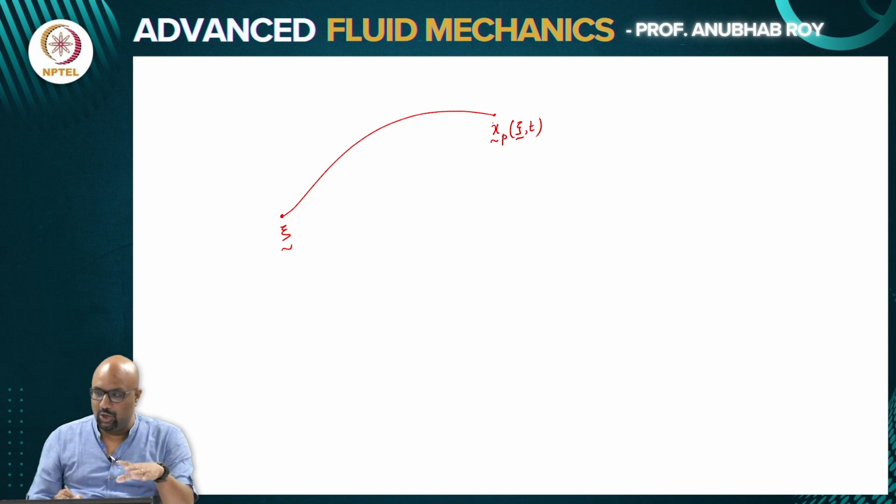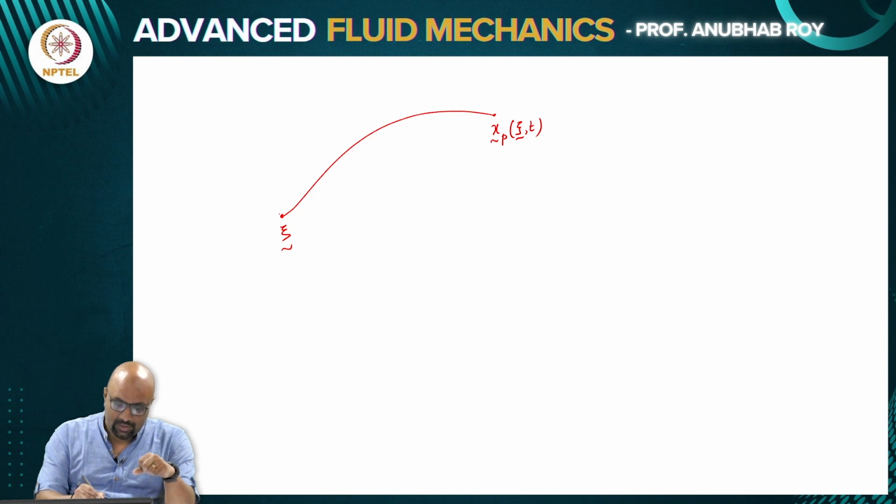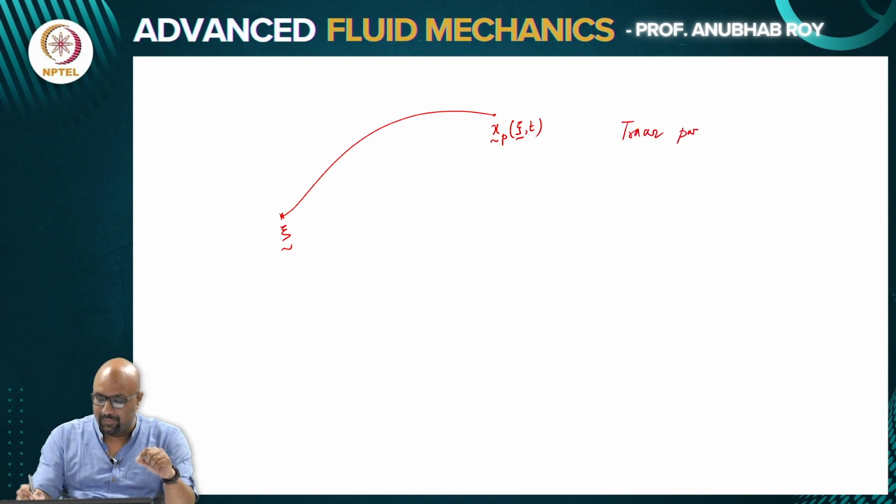So, what we will do next is, can we visualize the flow using a Lagrangian description, which means if I were to release a small blob of dye or a small tracer particle, you will hear this word quite often, a tracer particle, just to say that you are introducing something into the fluid whose motion tracks how the flow moves, but it is so tiny that it does not really alter the flow.